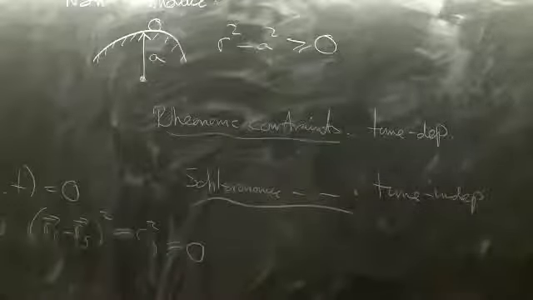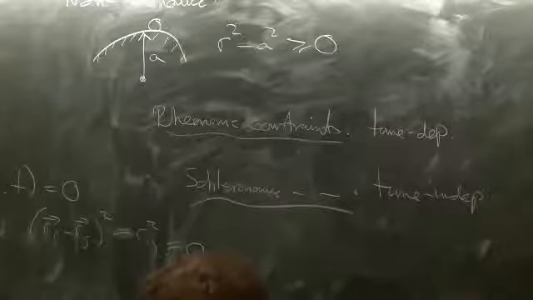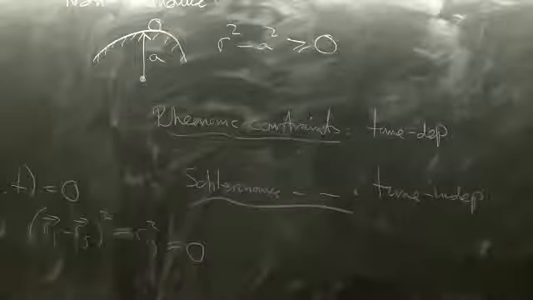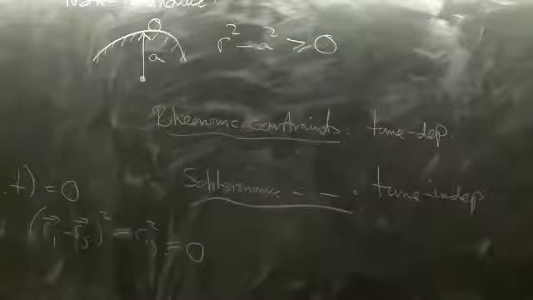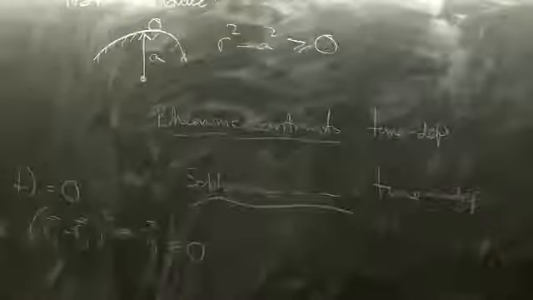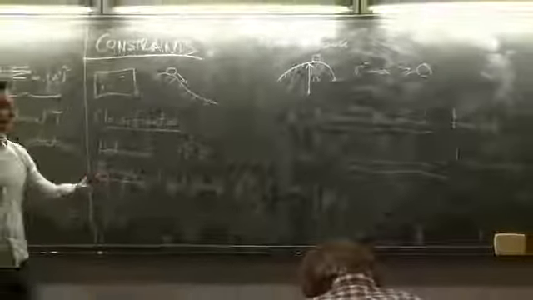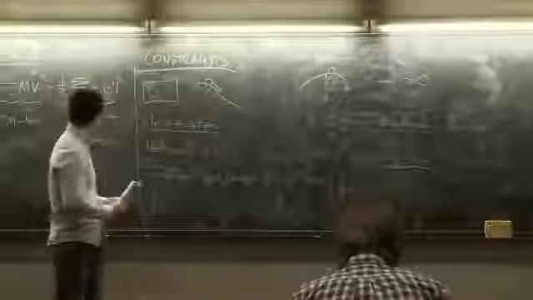You have something known as rheonomic constraints, which are time-dependent constraints. And you have scleronomic constraints, which are time-independent. So these are a lot of words. What we'll be dealing with mostly are holonomic constraints. But it's good for you to be aware of these various classifications.